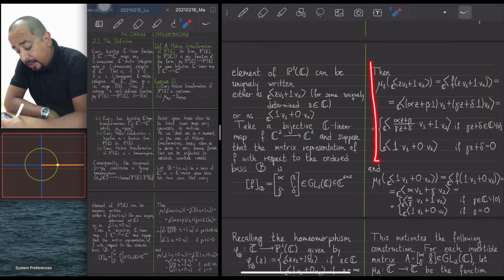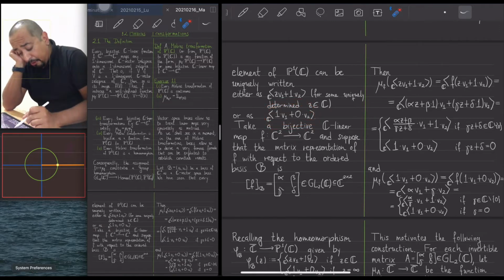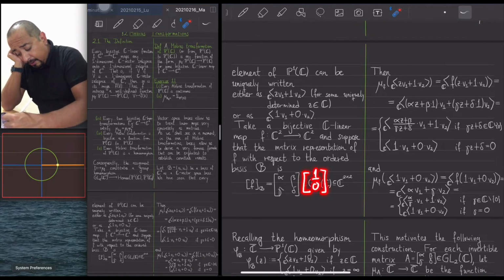So we already know the behavior of mu f in P1 minus 1 point, right? P1 minus this point. Okay, but let's analyze what happens at this point. So at this point, we play the same game. Mu f of the space is the image of the space under f, which by linearity is the vector subspace spanned by applying f to the representative. We are multiplying this by 1, 0.